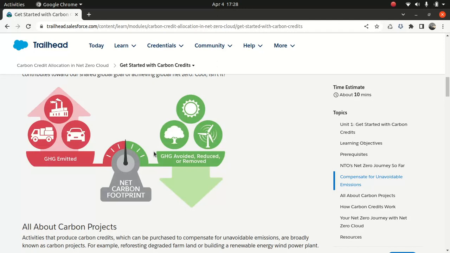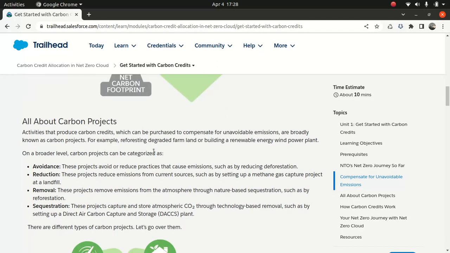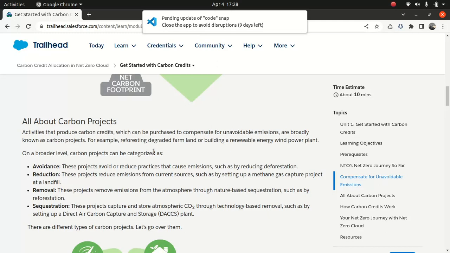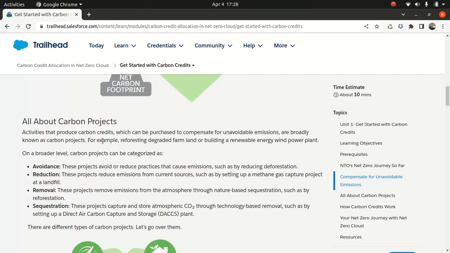So yeah, now I did briefly mention carbon projects, right? So for instance, a company can get involved with carbon projects. Carbon projects can be categorized into four parts, as you can see: avoidance, reductions, removal, and sequestration, right?